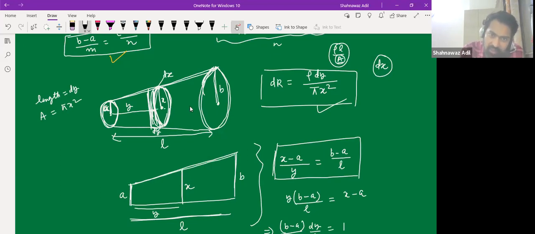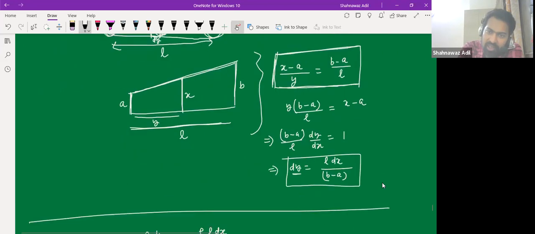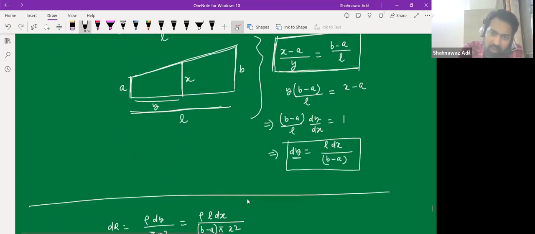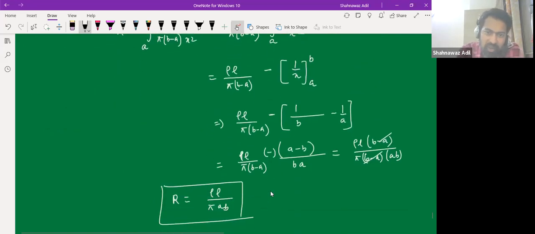If we extend this, this is the same diagram. We change this x and y, a and b, and this is the relation that we got from earlier. And then we found out what dy is with respect to x. Then we put the value and integrated this quantity. So this is how we got this resistance.